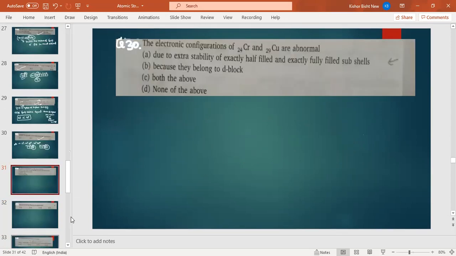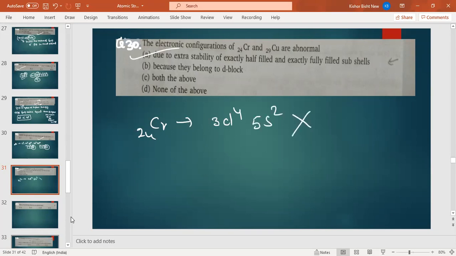Come to the next. The electronic configuration of Cr 24 and Cu 29 are abnormal. Because, everyone knows, due to extra stability, one electron from the s orbital comes to the d orbital. Taking Cr 24, we generally write 3d4 4s2.